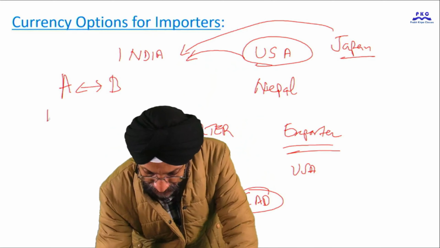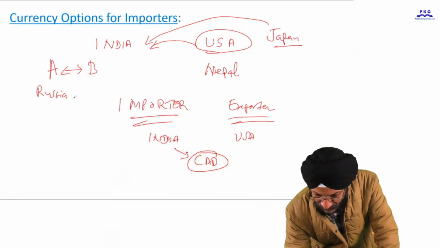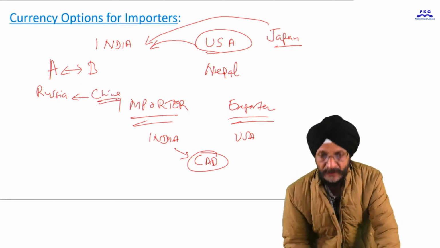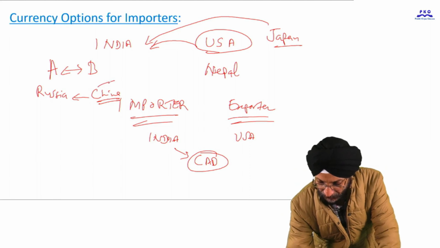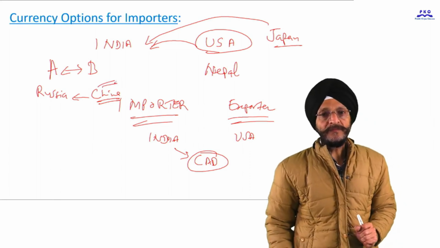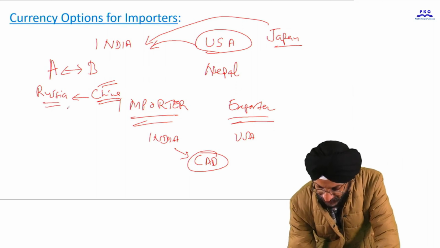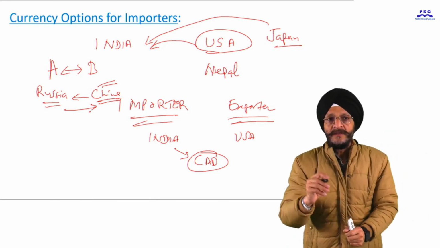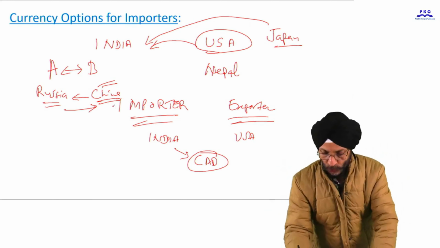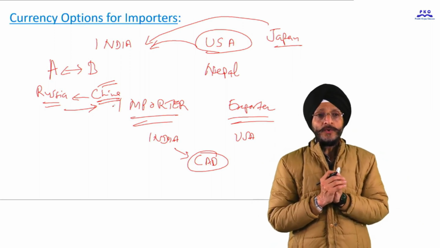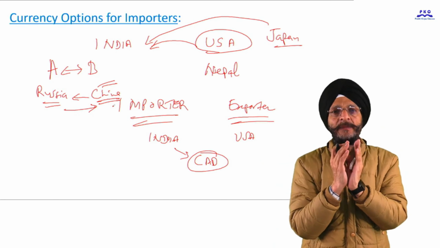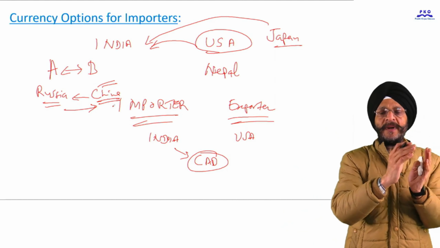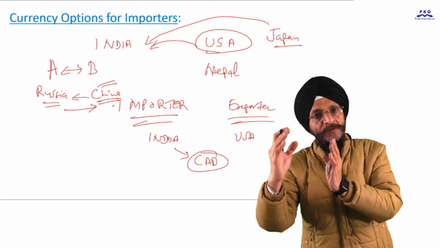It means that if Russia is importing from China, then it will pay in Chinese currency. If China is importing, then the exporter is Russia, and the Chinese will have to pay in rubles. So in case of a trade agreement, they may ask for payment in the currency of the exporting country.